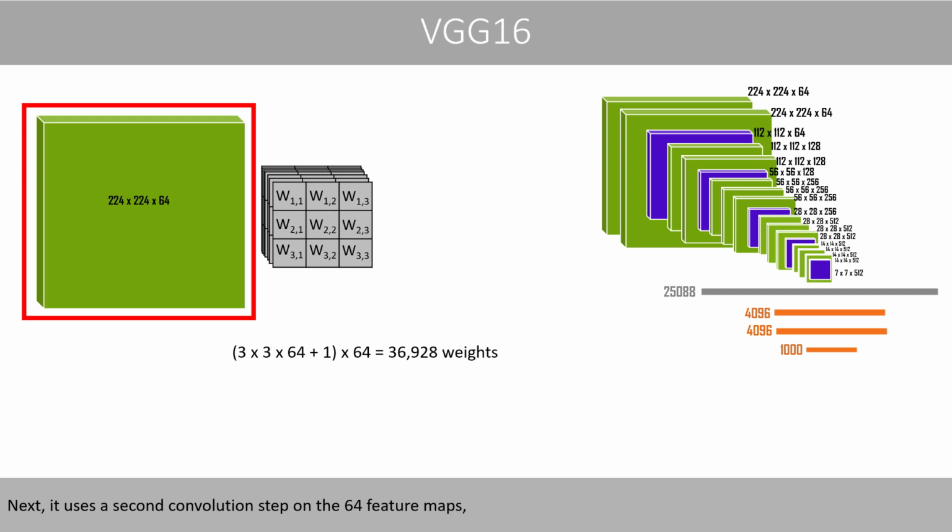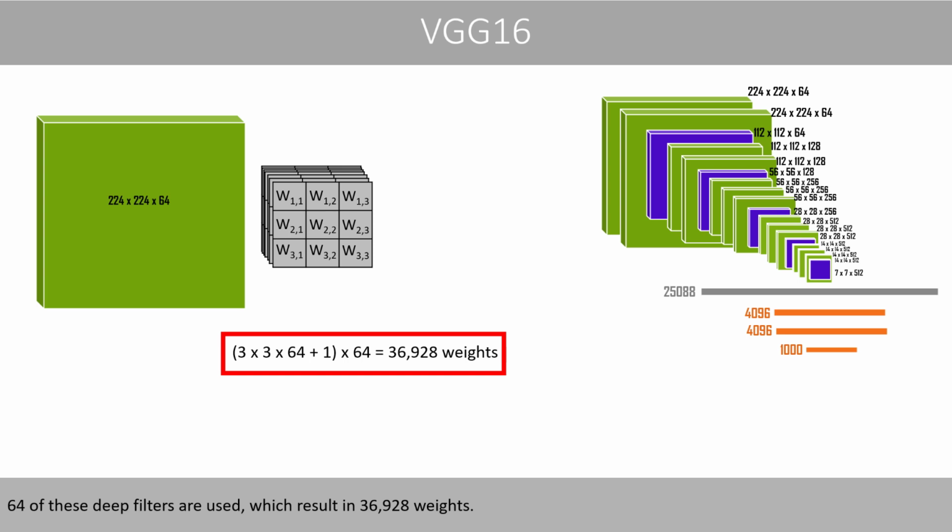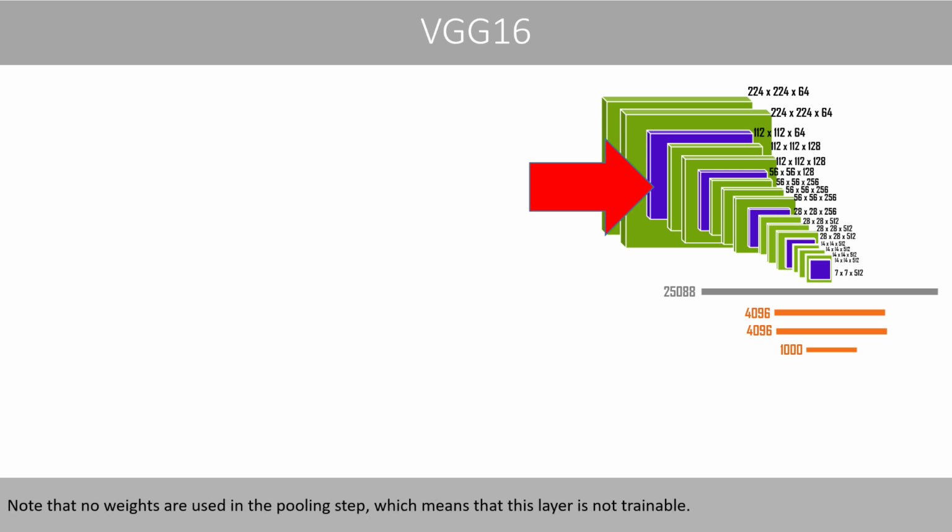Next, it uses a second convolution step on the 64 feature maps by using a filter with a depth of 64. 64 of these deep filters are used, which results in 36,928 weights. Note that no weights are used in the pooling step, which means that this layer is not trainable.